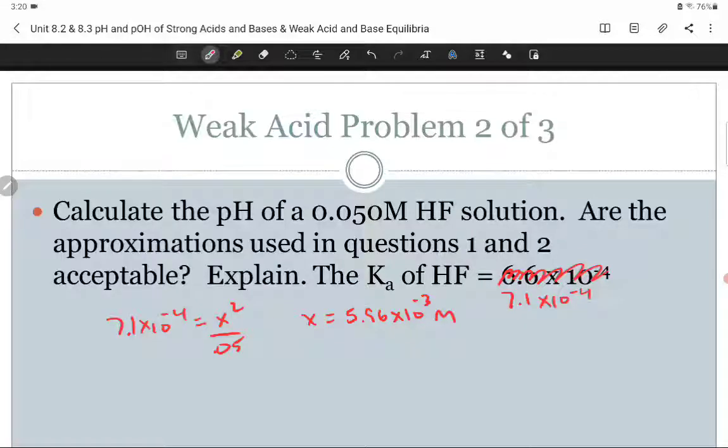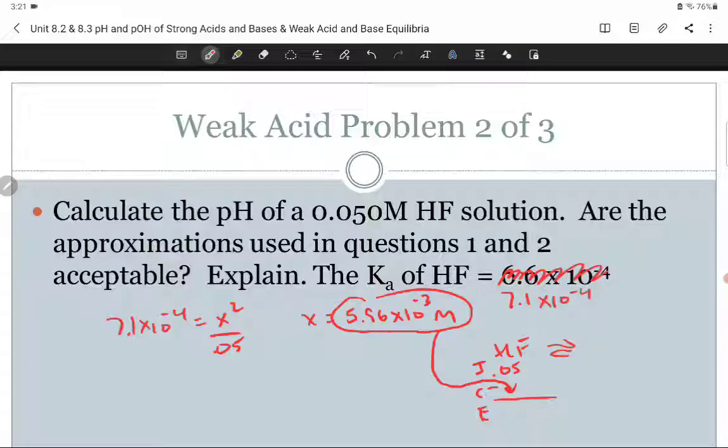Now, let's go back to our IC table. I'm just going to write a little bit of it, and we had 0.05. If we would subtract x and think that's going to be 0.05, is that really the case? No, because this x value is going to have an effect on 0.05.